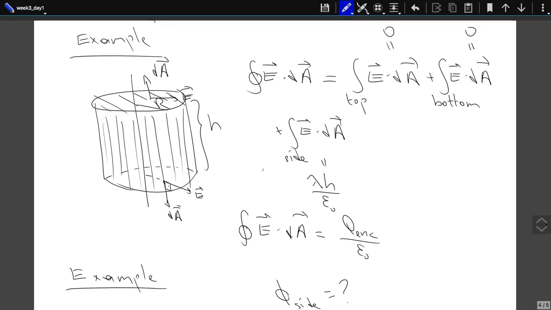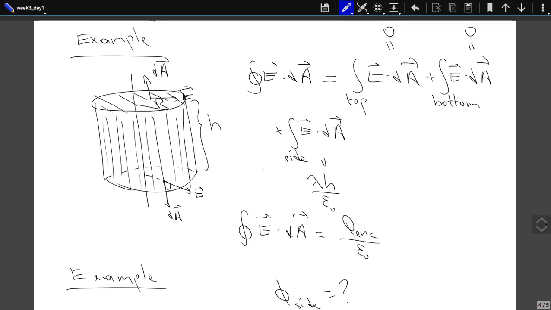Now, the thing is, what is this Q enclosed? Q enclosed is the charge on the inside of my surface. And the inside we define as our vector, the surface area vector, is pointing from inside to outside. So if I change the direction of A, I'm basically changing what I call inside and what I call outside.